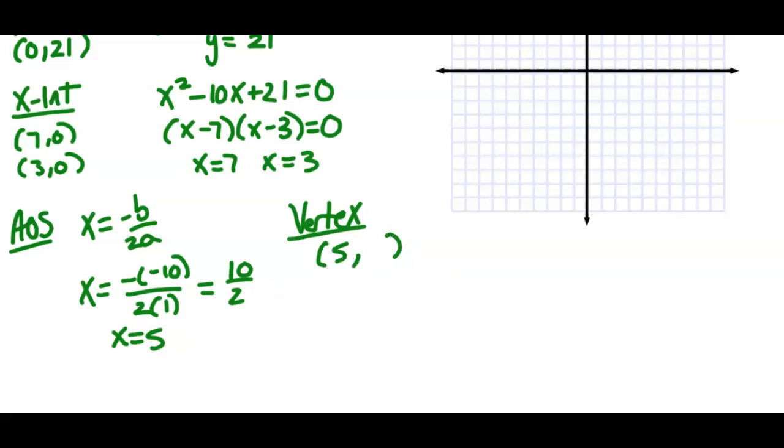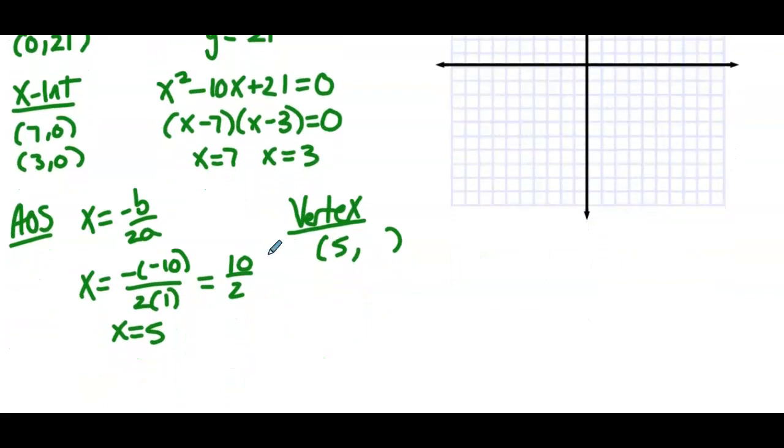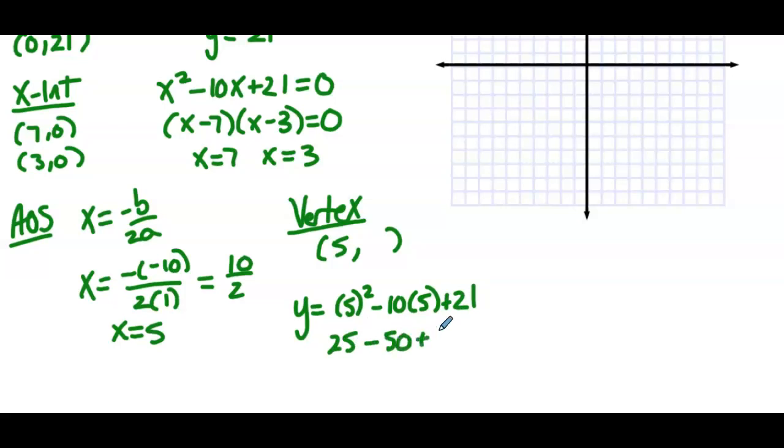So we have y equals 5 squared minus 10 times 5 plus 21. So 25 minus 50 plus 21. Negative 25 plus 21 is negative 4. So we have 5, negative 4.